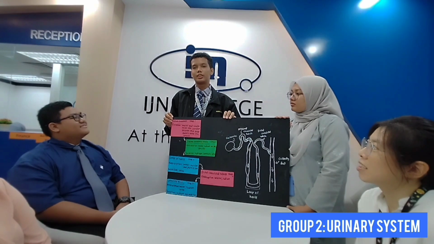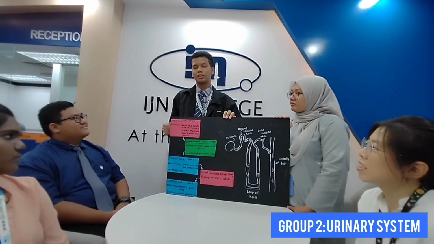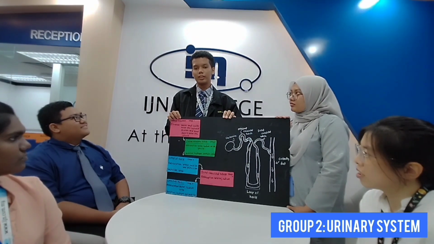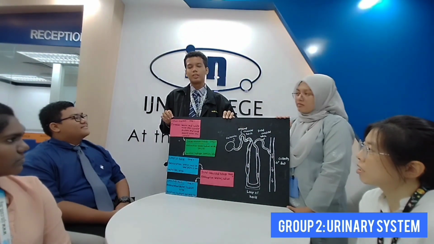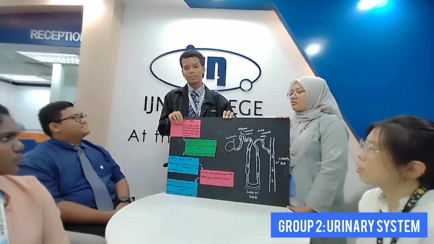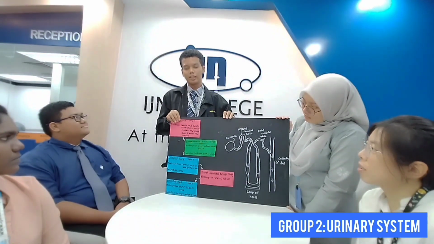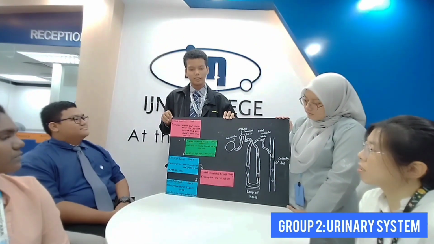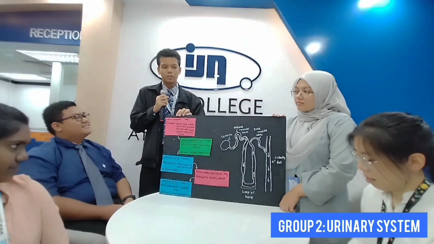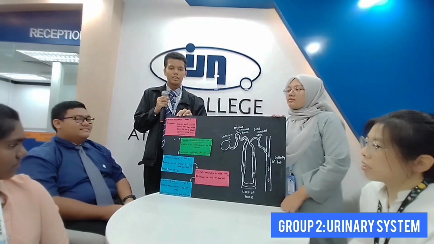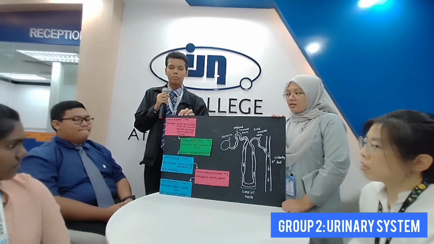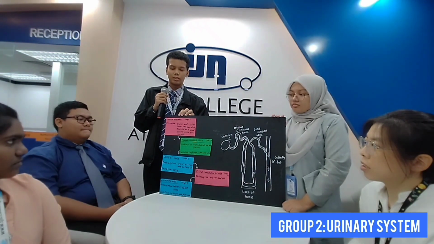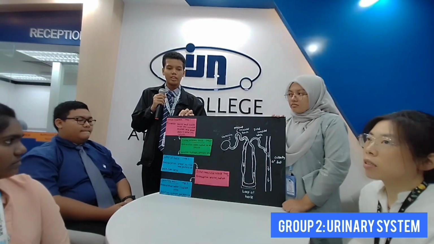The nephron is a functional structure of the kidney that produces urine in the process of removing waste and excess substances from the body. Now we will talk about the nephron. The nephron is the machinery unit of the kidney that removes waste and excess substances from the body.